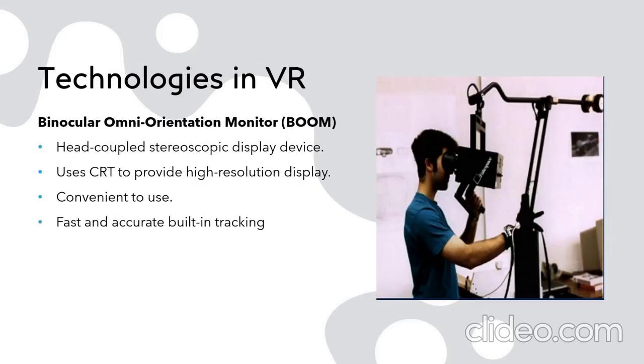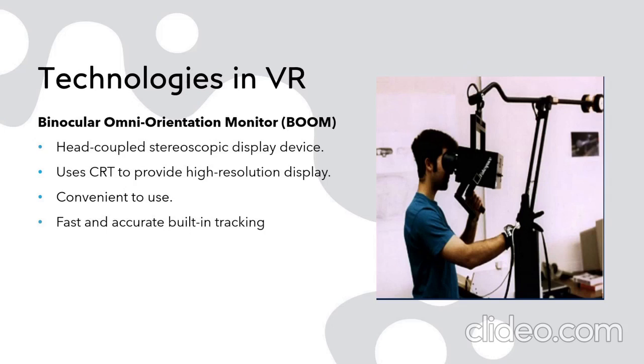And the binocular omni orientation monitor, or BOOM, is a specialized head coupled display system. It typically consists of a large helmet with a single display or multiple screens that surround the user's head. The displays in a BOOM can provide a wide field of view, giving the user an immersive and all-encompassing visual experience.